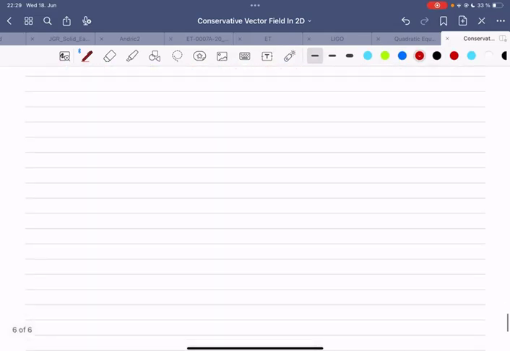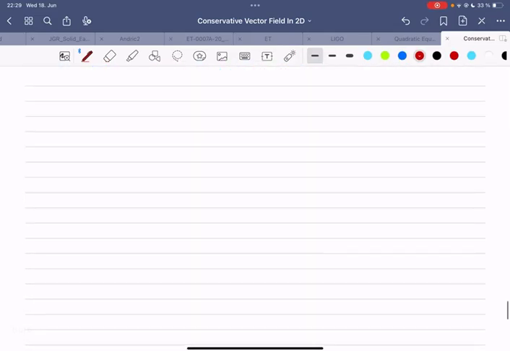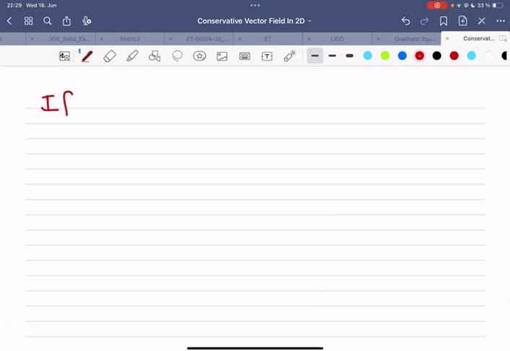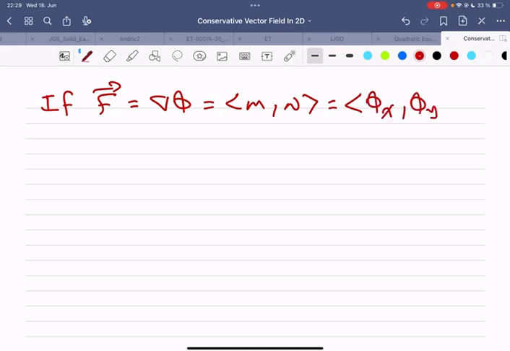Last thing to say is that if f is conservative, it means that f equals gradient of phi equals m n equals phi x, phi y.